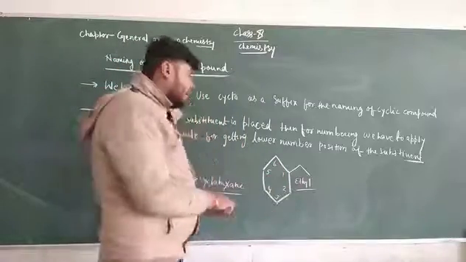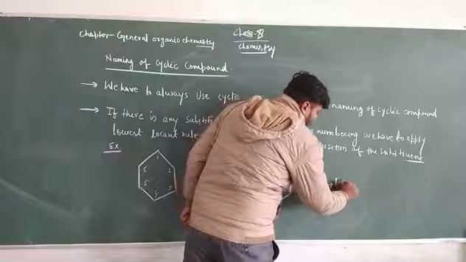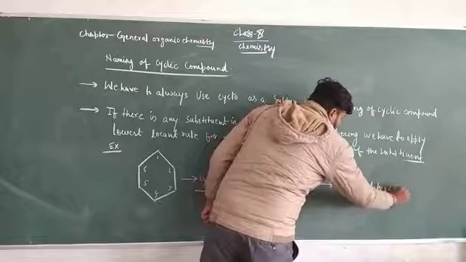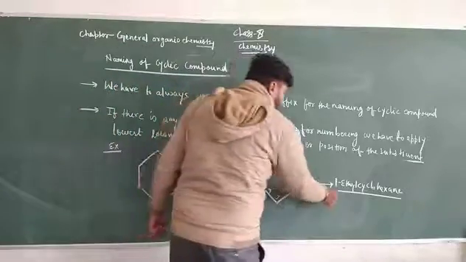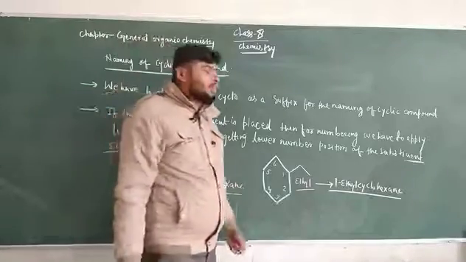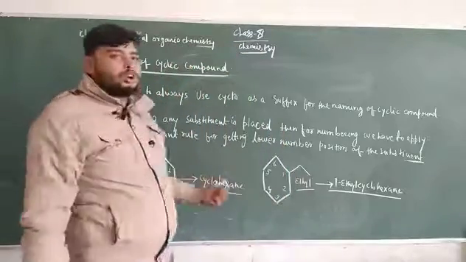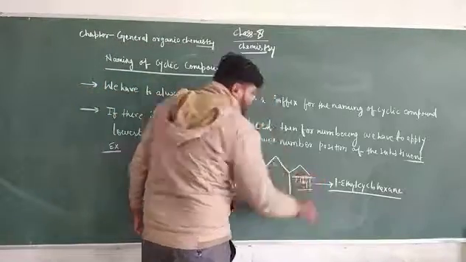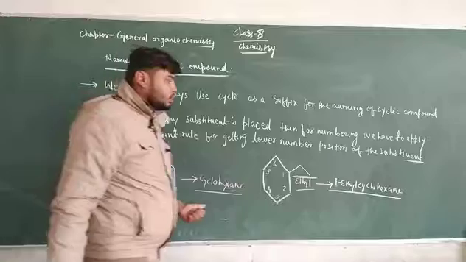In terms of naming, we write 1-ethylcyclohexane. This means there is no other different substituent attached to the compound. You have to write only the parent chain name and apply the lowest locant rule for the substituent attached to the cyclic structure. After that, just take a screenshot of this.